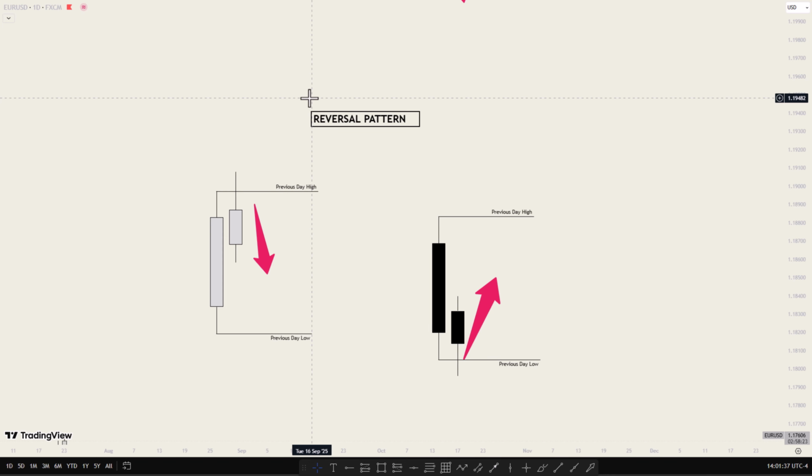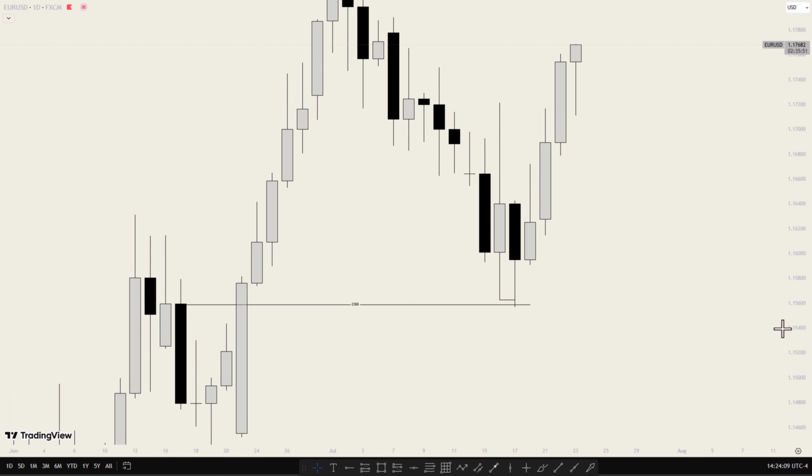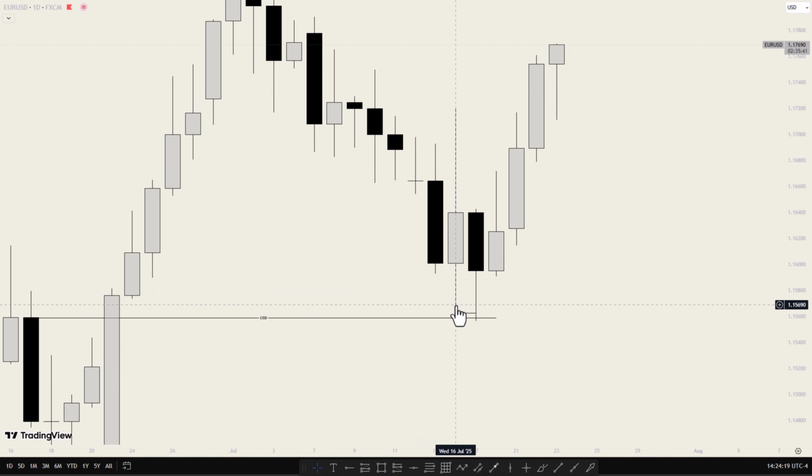Now let's go back to our Euro USD daily chart and look at this example. Let's look at the two patterns, the reversal pattern and the continuation pattern, on this chart before explaining how you can trade it. We see price is bouncing off the change in the state of delivery, that is this last down close candle. Price came but failed to touch the open of the change in the state of delivery.